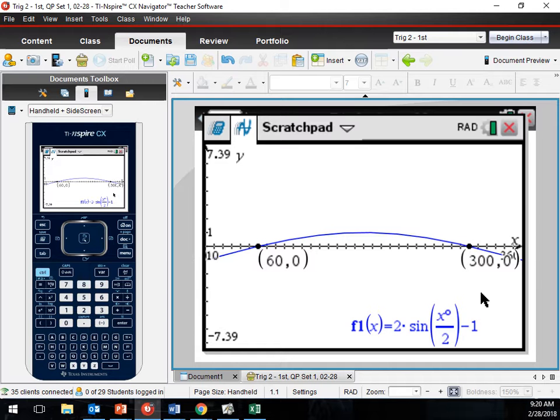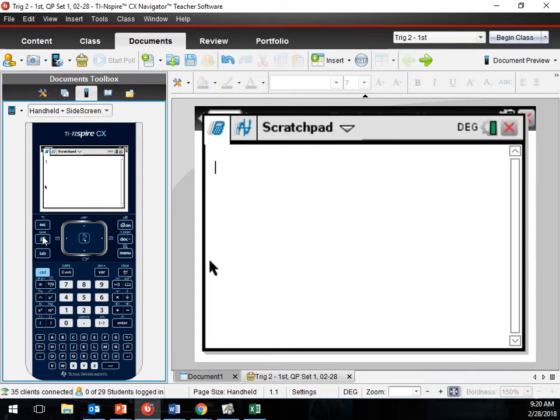So if my answer has to be in radians, let's go ahead and do my math. So it's going to be 60 over 180, right? So my answer is going to be what? Pi over 3, because this is the conversion to radians, right? So this is pi over 3.